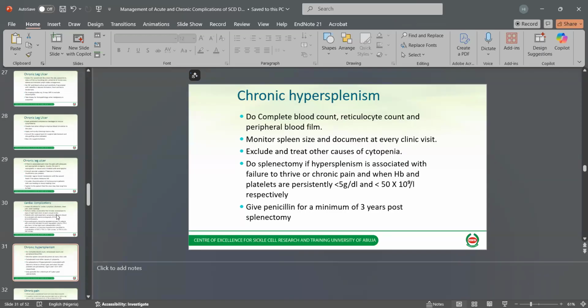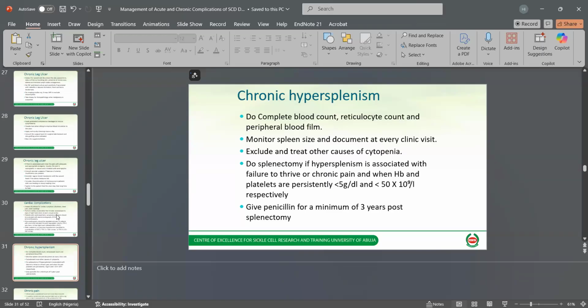So this hypersplenism is exaggerated function of the spleen, usually in children. It falls short of the sequestration crisis. There is chronic pooling of blood in the spleen, but not to the extent that it will give us sequestration crisis.